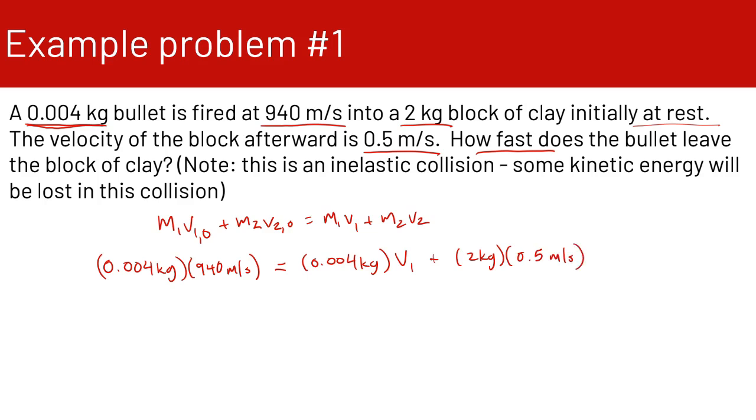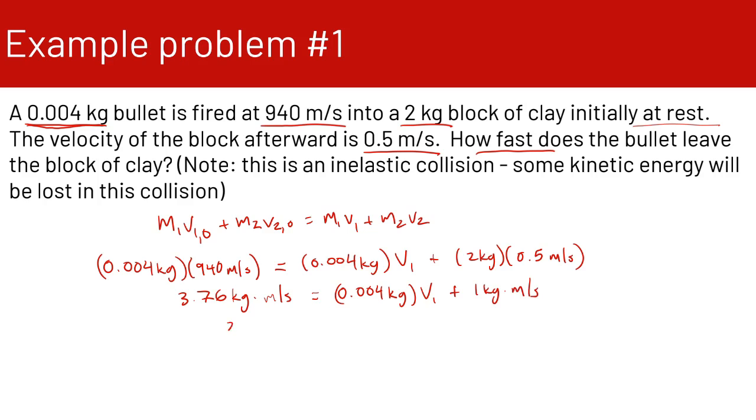Okay, so 0.004 kilograms times 940 meters per second is 3.76 kilogram meters per second, and that's equal to 0.004 kilograms times V1 plus 1 kilogram meters per second. So subtract the 1 kilogram meters per second from the right side to the left.